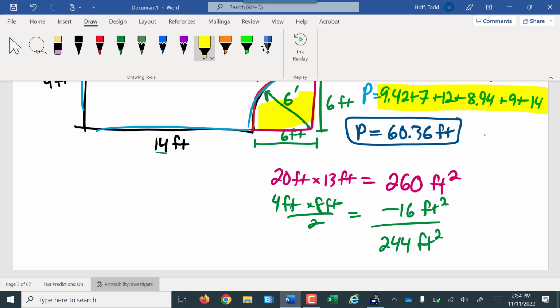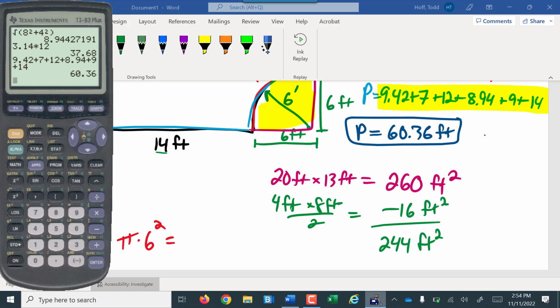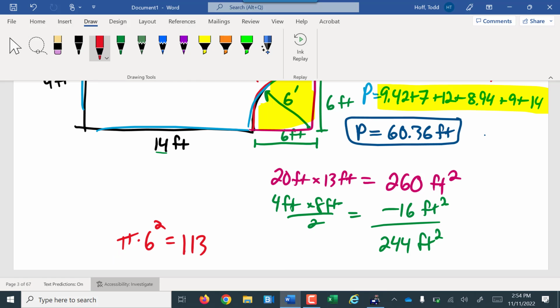And then we have this quarter circle here. So pi times 6 squared gives us 108. Oops. 3.14 times 6 squared, 113.04. That sounds better. Square feet.